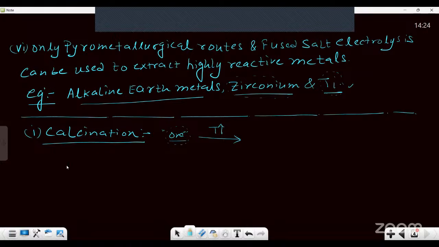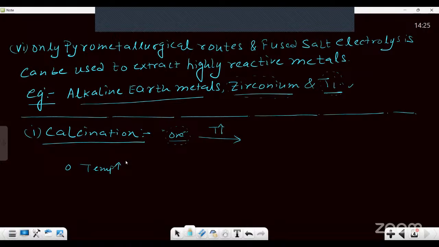If you have any ore and you raise the temperature, the ores will obviously have some volatile materials, which will directly get converted into the vapor phase at high temperature and go away from the ore.